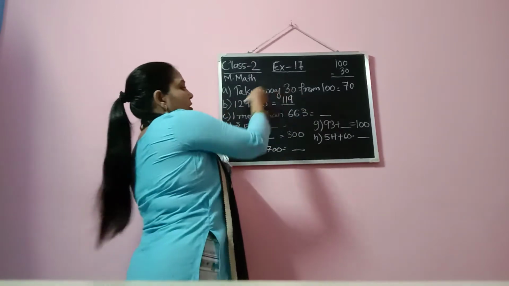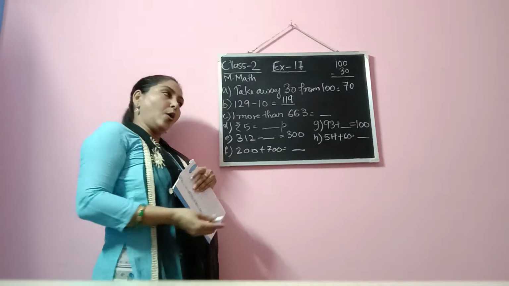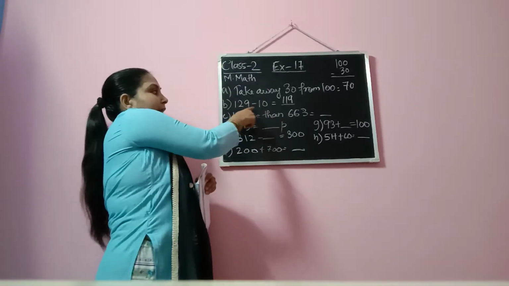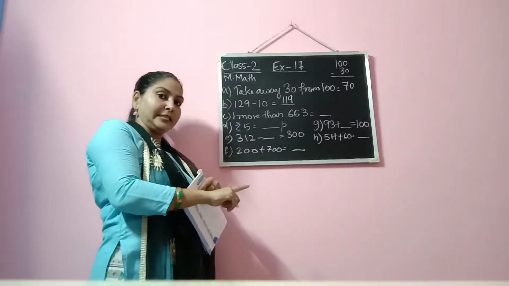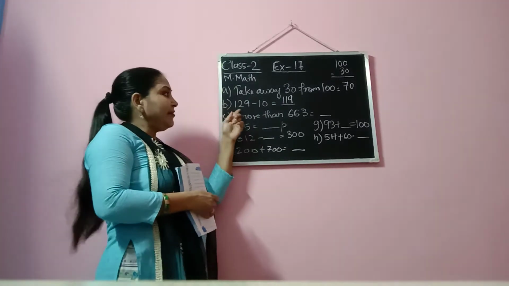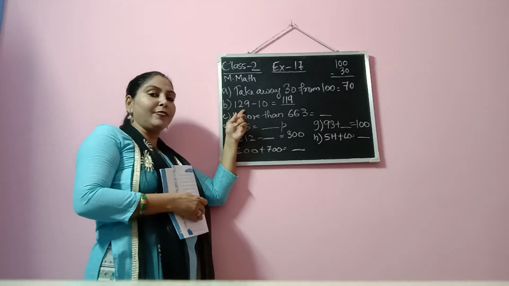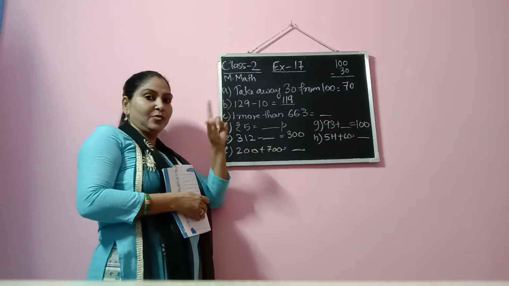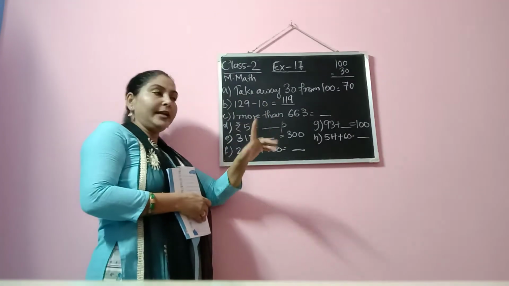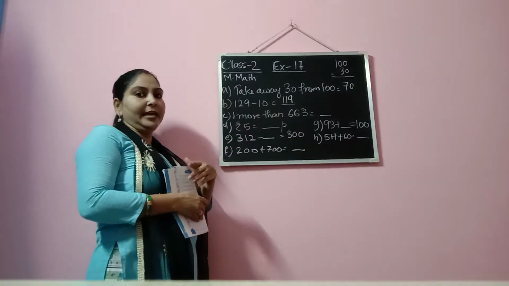You can do simple subtraction also, or you can learn this way also. We are subtracting in the tens place, and the ones place and hundreds place will remain the same. So from the tens place we are taking away 1. 2 minus 1 is 1. That's why we are getting 119.